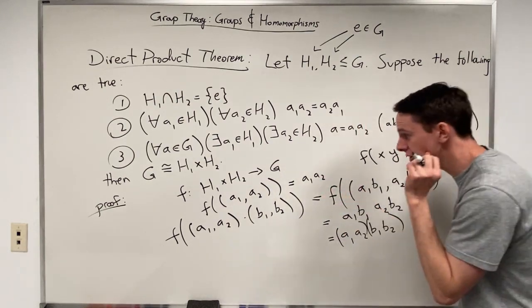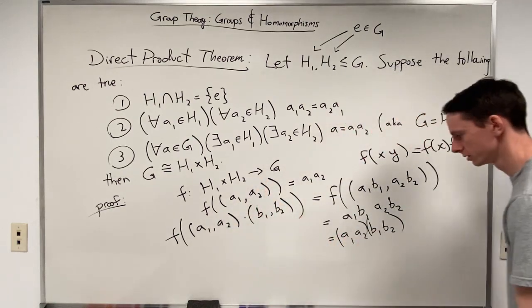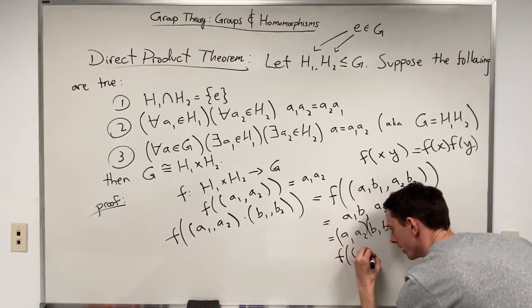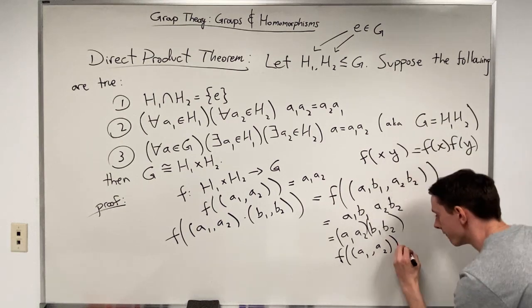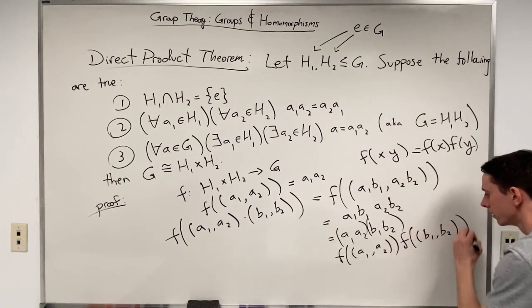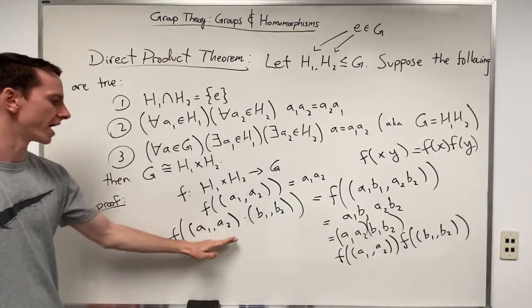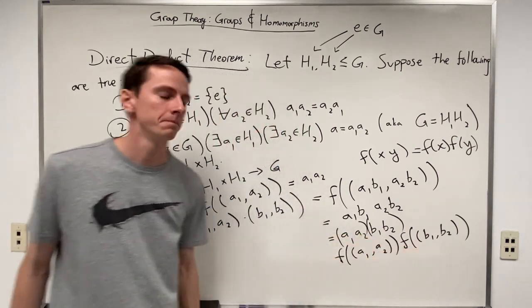Well, a1 times a2 is simply f acting on the ordered pair a1, comma a2. So this thing right here is really f acting on a1, a2. And this right here is f acting on the ordered pair b1, b2. And that's what we were trying to show, right? We were trying to show that f of x times y equals f of x times f of y.